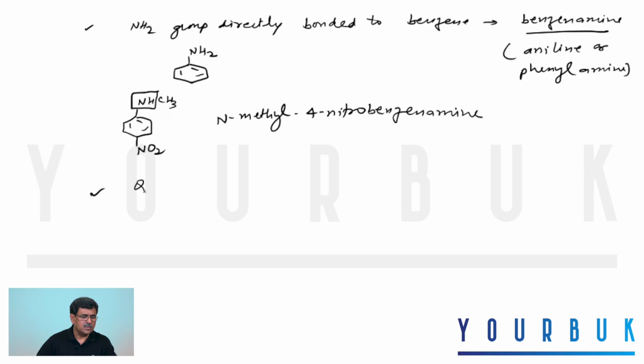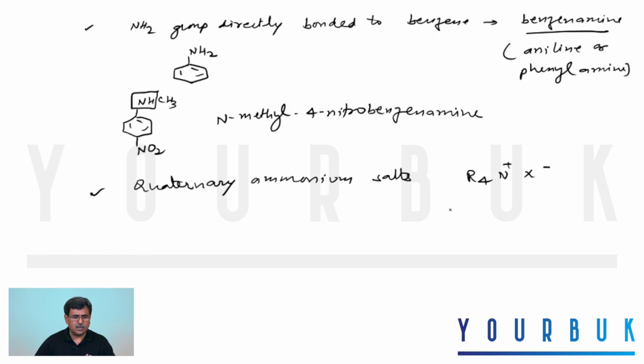Then we have quaternary ammonium salts. They have a general formula R4N positive and X negative. If all four alkyl groups are identical, they are named as tetraalkyl ammonium halide.